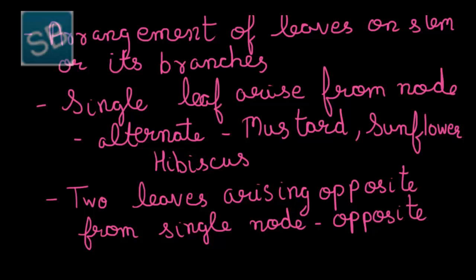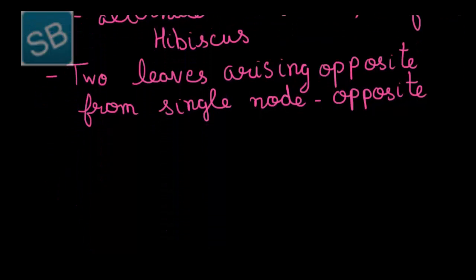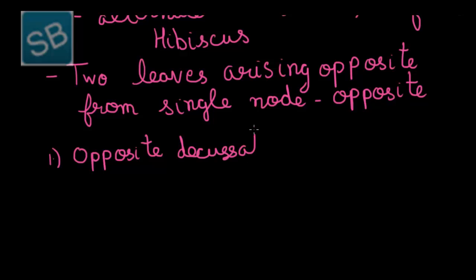Now, opposite type of phyllotaxy is also further divided into two types. That is opposite decussate and opposite superimposed.